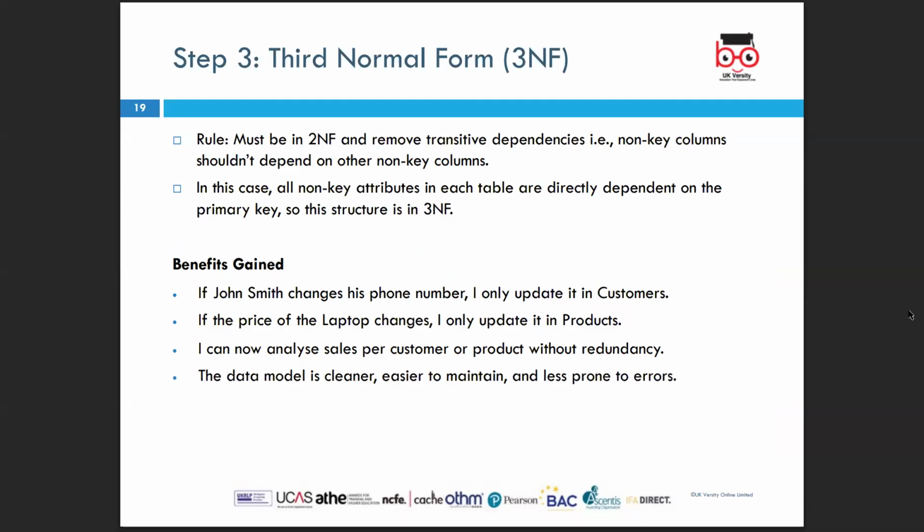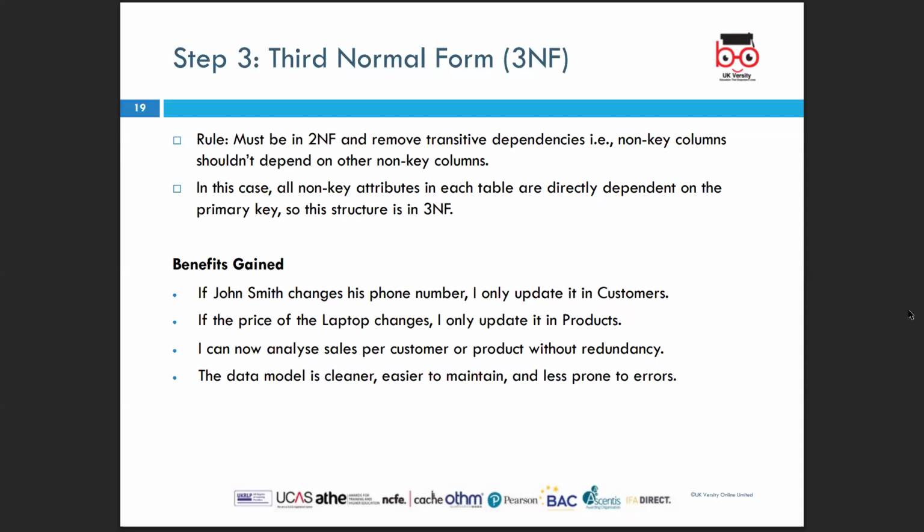Third normal form: we must be in second normal form and remove transitive dependencies, so non-key columns shouldn't depend on other non-key columns. In this case, all non-key attributes in each table are directly dependent on the primary key, so this structure is in third normal form.